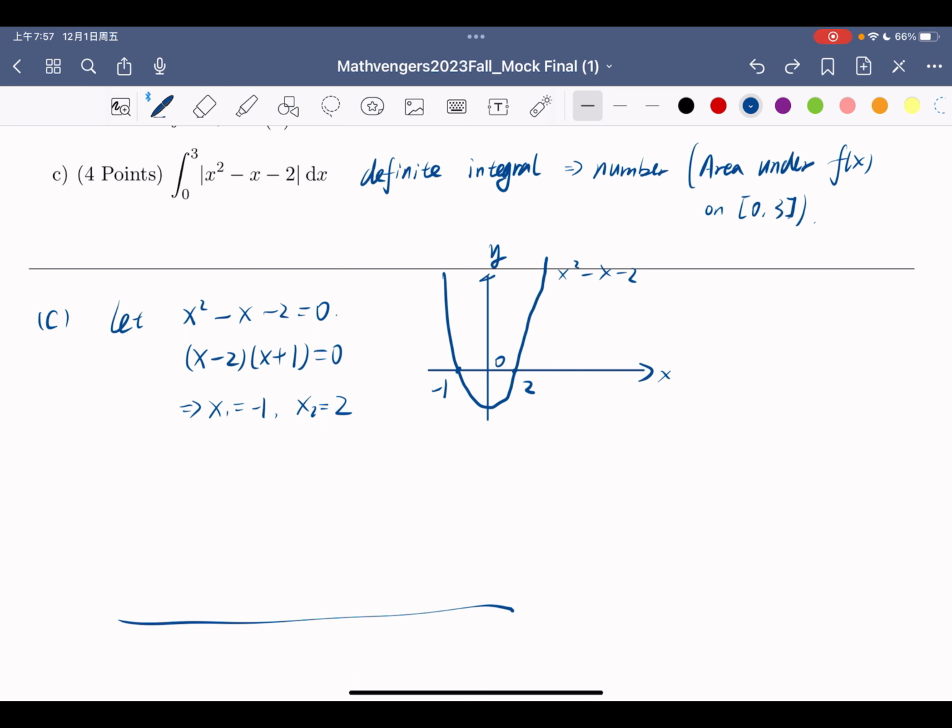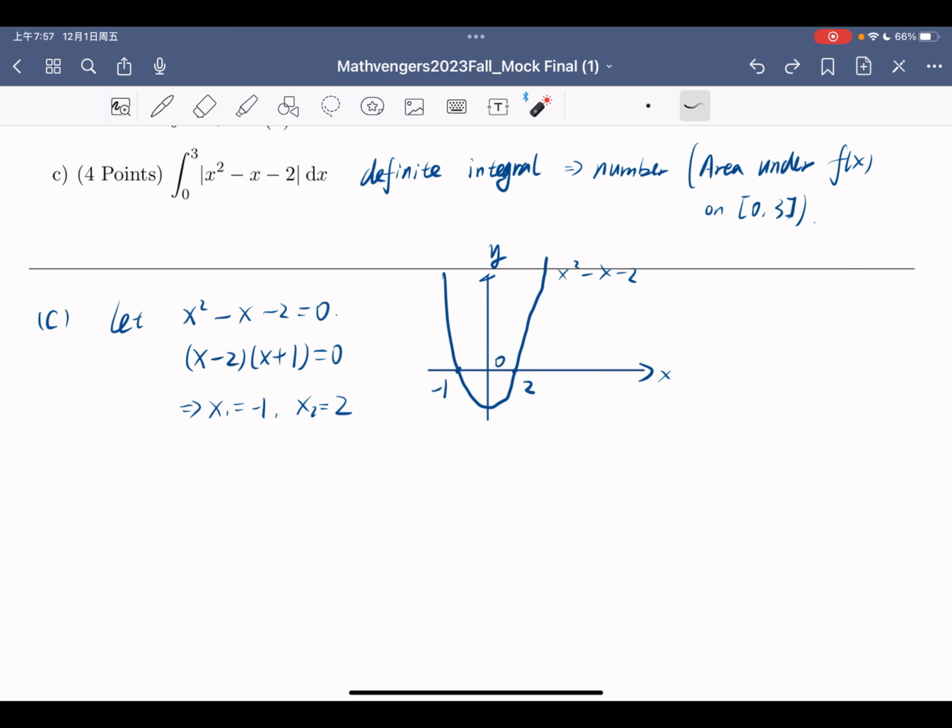we need to consider, since absolute value is always non-negative, so we need to put this part, which means for this interval between -1 and 2, this is under the x-axis, so it's negative. Okay, so we need to make this part positive.